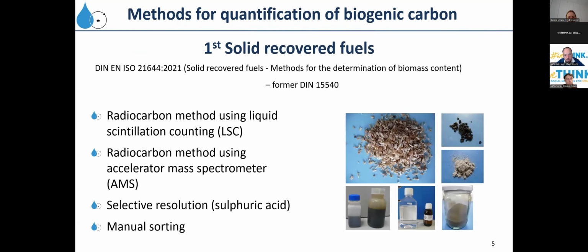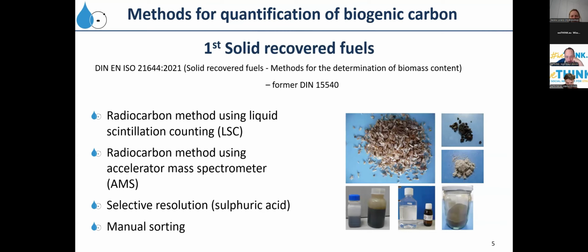Okay, I try to go a little bit more into these standards because they are slightly different, and later on I explain about the difference in the results.